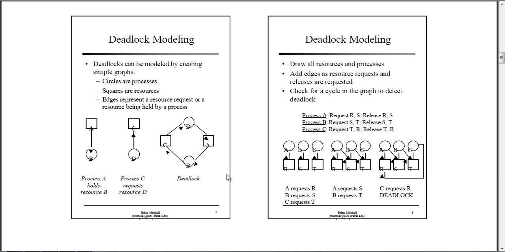Deadlock modeling. Draw all resources and processes, all edges, and resource requests and releases as requested. Check for a cycle in the graph to detect deadlock.